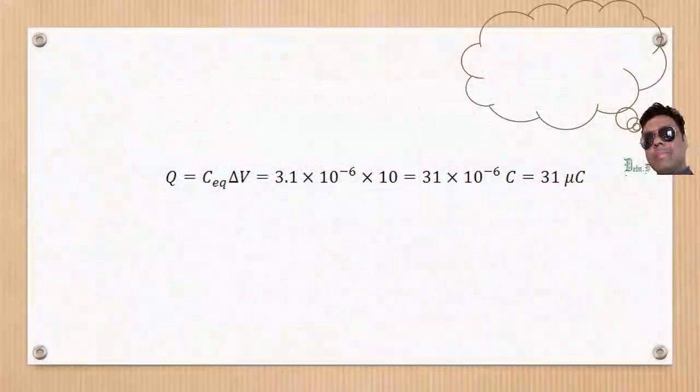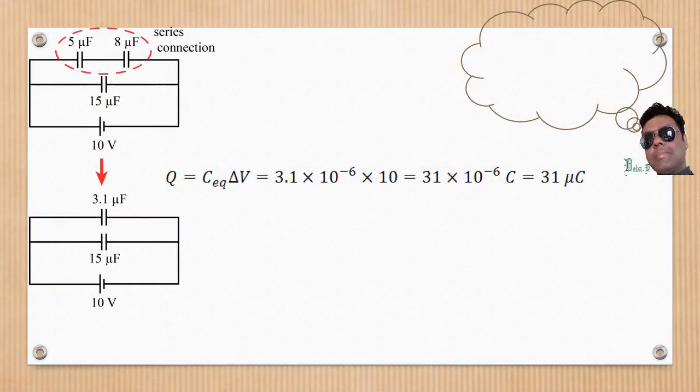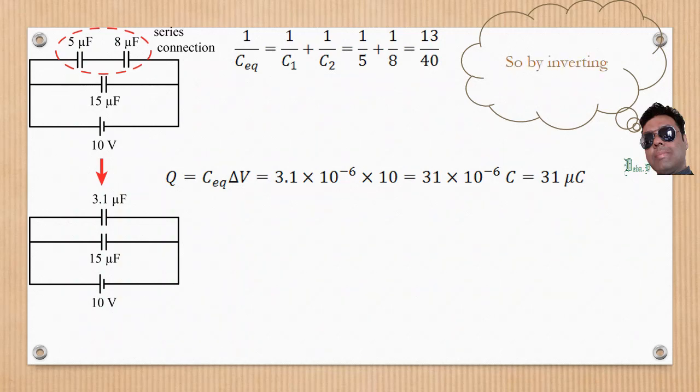So it is 13 by 40 for 1 by C equivalent, and C equivalent will be the inversion of that, which is 3.1 microfarad, that is 40 by 13.